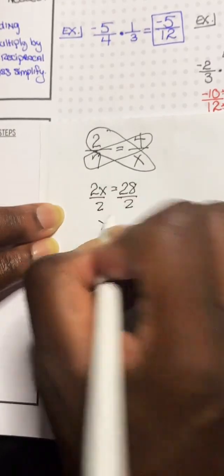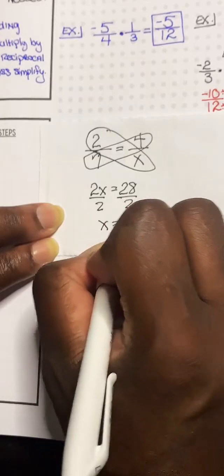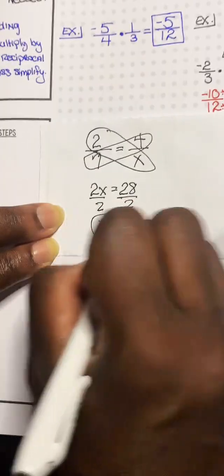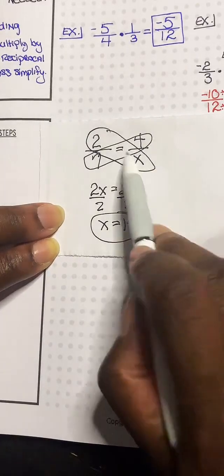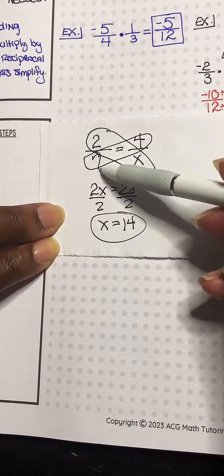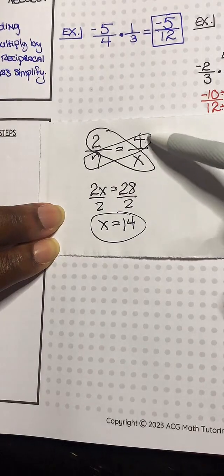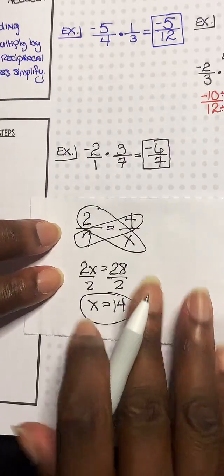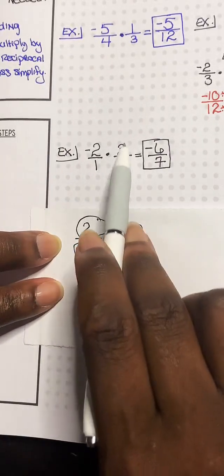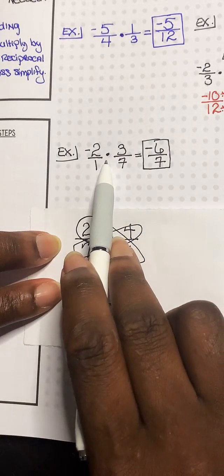So if I want to solve for x, I would divide both sides by 2. And then I have my x is equal to 14. Okay? This is cross multiply because I'm saying that this fraction is going to be equivalent to this fraction. Whereas when you're cross simplifying, it's because you have a multiplication.